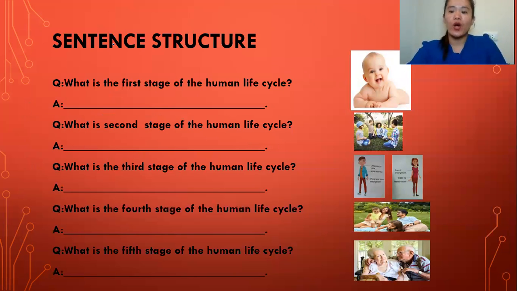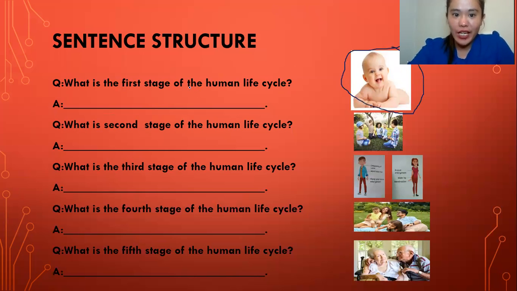Okay, so let's go to our sentence structure. Question number 1. What is the first stage of the human life cycle? Okay, so this picture, what is the first stage of the human life cycle? The first stage is infancy, right?